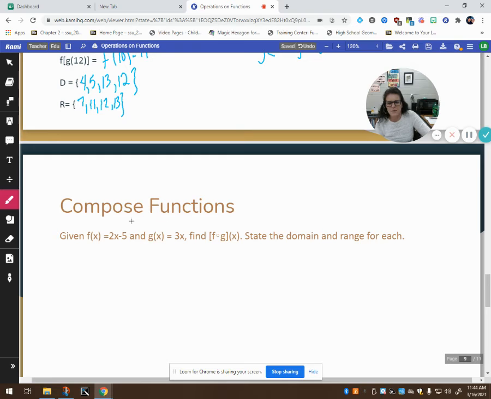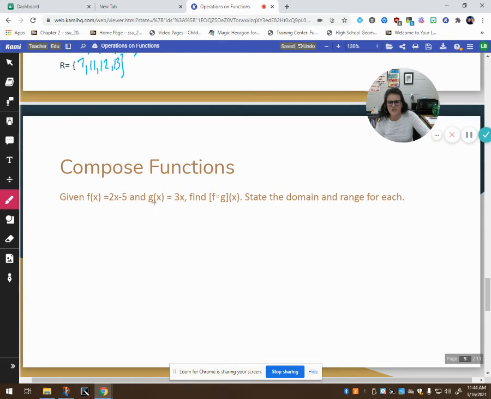Okay, so composition of functions, we're given that f of x is equal to 2x minus 5, g of x equals 3x. Find the composition of f of g of x, state the domain and the range for each. So again, f is our outermost function, g of x is our innermost function. So we know our innermost function is 3x.